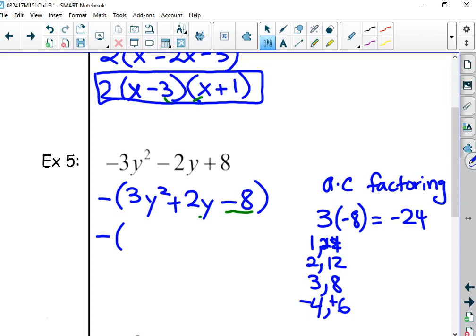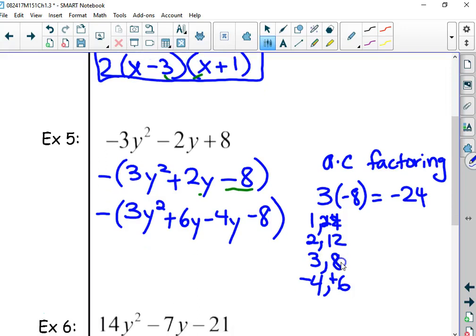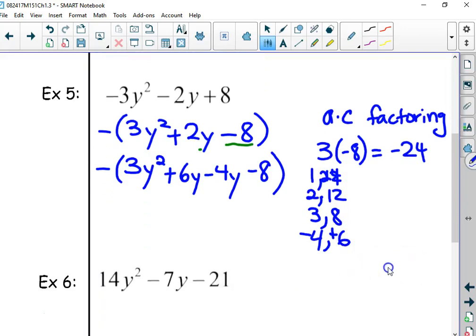So we're going to throw in this extra step that actually helps us. 3y squared, I'm going to write the 2y as plus 6y minus 4y. So it's almost like we're going backwards on that FOIL process. But what it does is it gives me some pretty good hints on how to factor this. So I'm back to my 3y here, and I'm back to my 1y here.